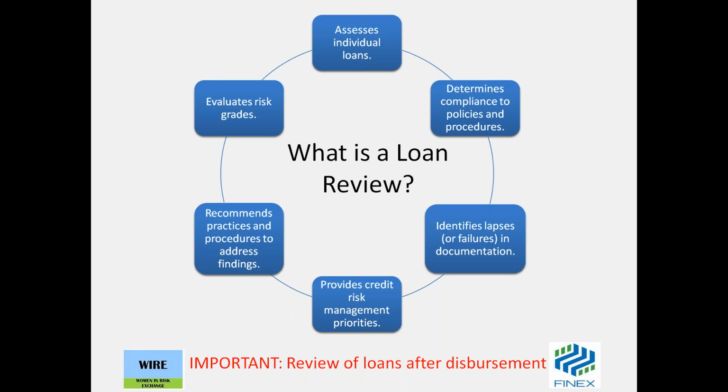There's a rating, and the loan review can cross-check that the rating is correct. Sometimes a rating would run from one, an excellent loan, down to an 8, which is a loan that's going to be written off, that the client will not pay. So a loan will be risk rated, and a loan review will cross-check the ratings to say yes, that is the right rating, or no, it needs to be rated lower, maybe higher.